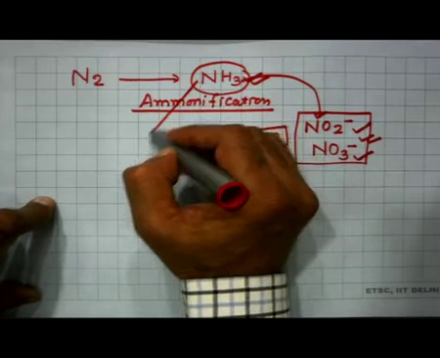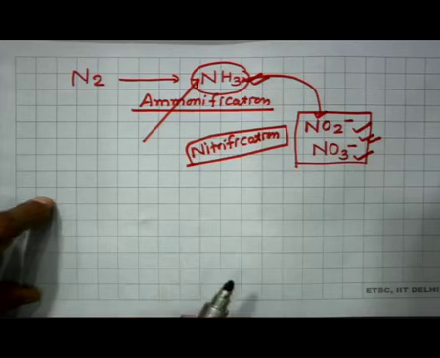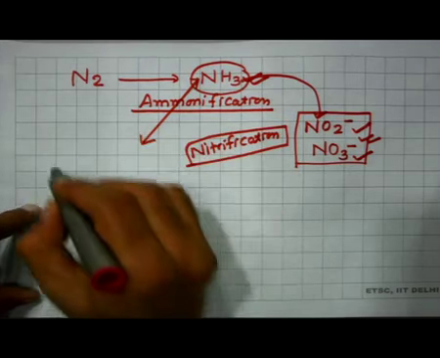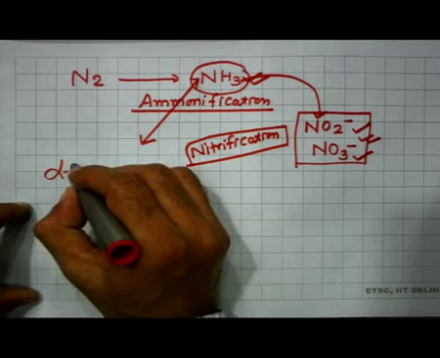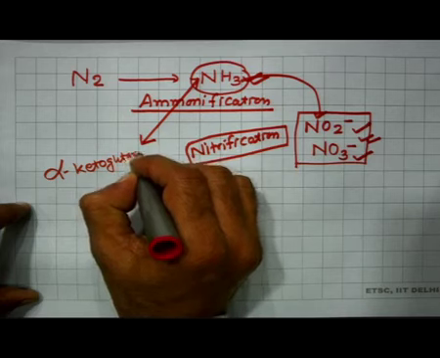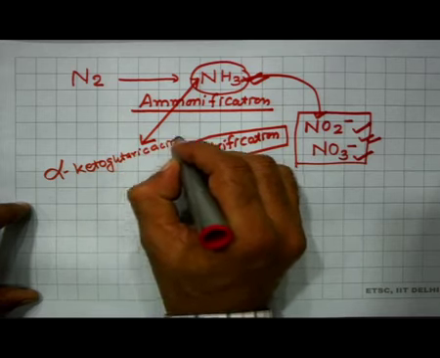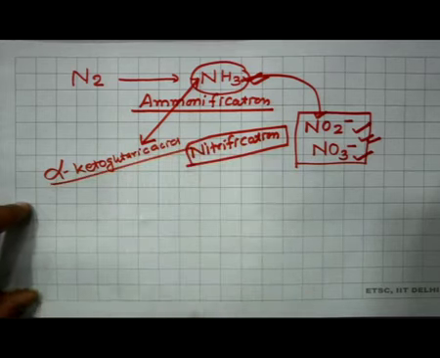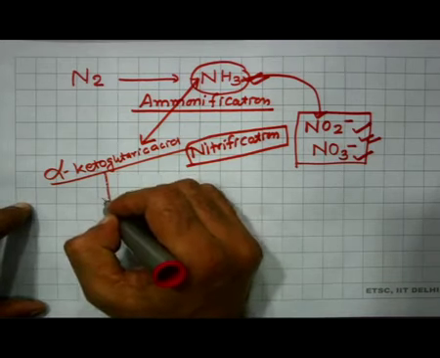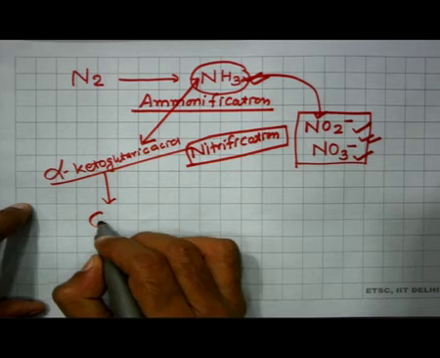When the ammonia concentration becomes high in the plant, this ammonia combines with alpha ketoglutaric acid, which is one of the intermediate products of the Krebs cycle, and is converted into glutamic acid.